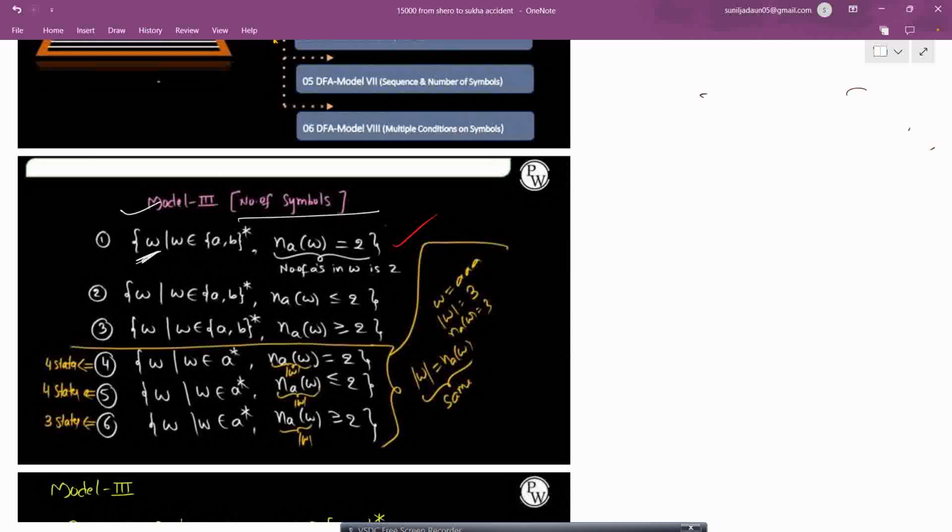There is a string W which belongs to alphabet closure of {a, b}*, in which the number of A's is equal to 2. Number of A's in W is 2. So this is how we can express less than 2, greater than 2, right? Number of A's, number of B's also we can.